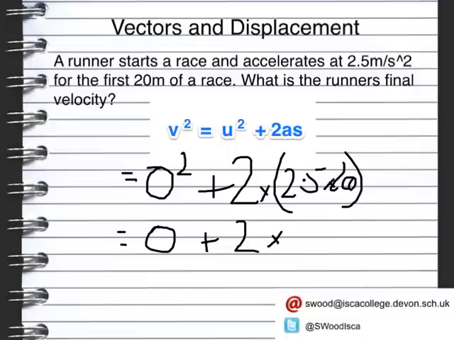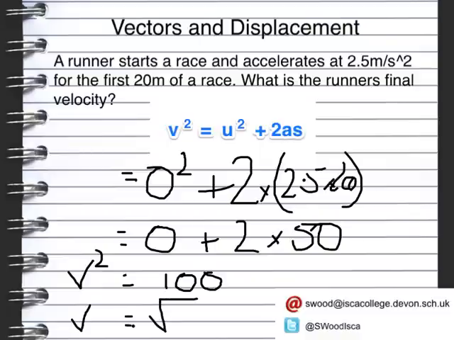So 2.5 times 20 is equal to 50. So 0 plus 2 times 50 is going to equal 100. Now, this is equal to v squared. So to find v, we need to do the square root of 100, which is equal to 10 meters per second.